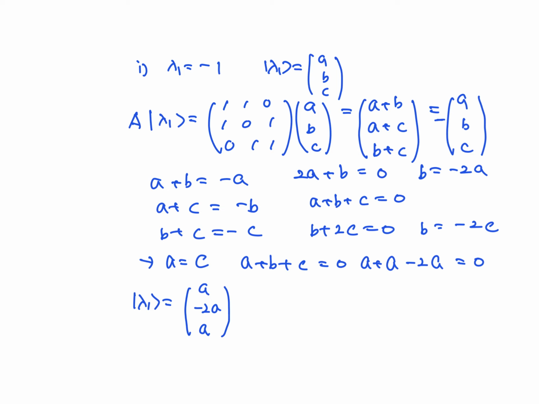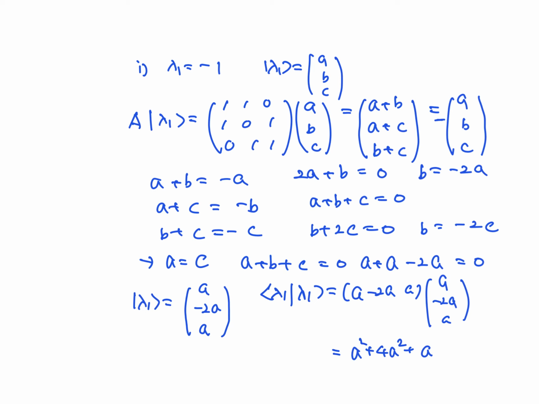So normalization condition: A squared plus 4A squared plus A squared is equal to 1. So what we can choose A is actually 1 over square root of 6.